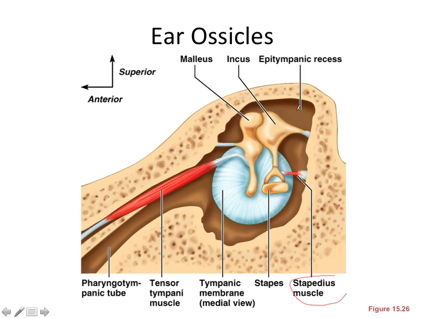Here is the epitympanic recess, whose function is to amplify the vibration. And here is the pharyngeal tympanic tube. So these are the ear ossicles.